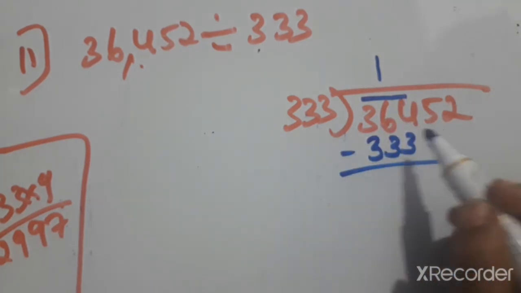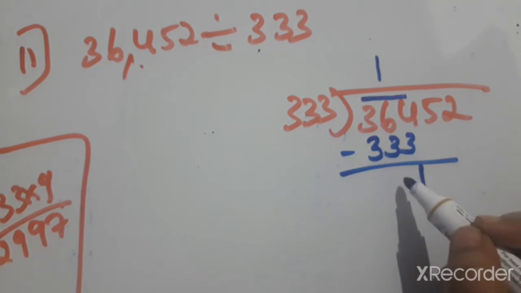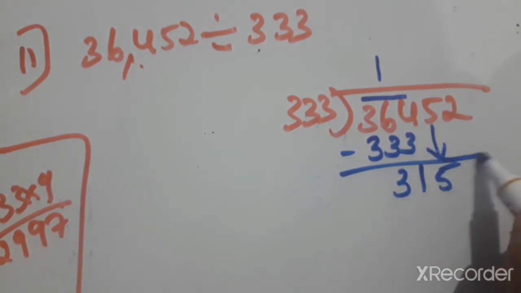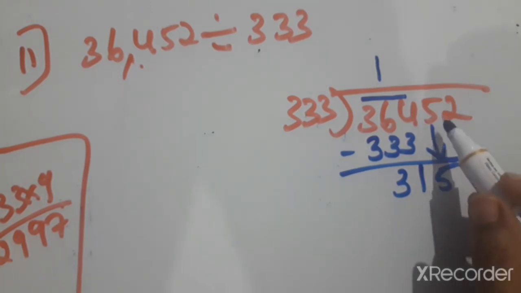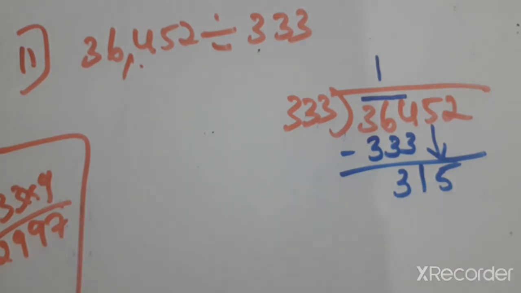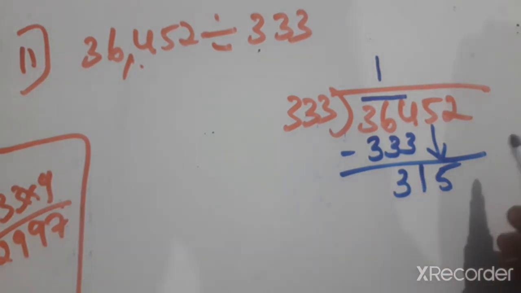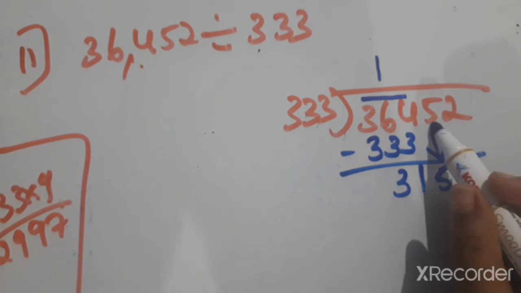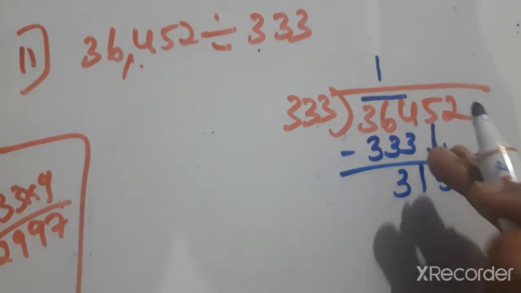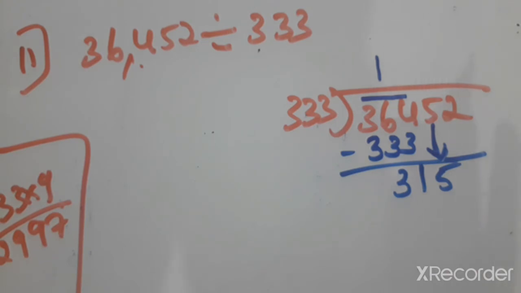Now minus it. 4 minus 3 is 1, 6 minus 3 is 3, and bring one number down, 315. 315, our rule is only one number we have to bring. If it is less, we have to take 0. Only one number we can bring down. One more number we have to bring only in the next step.